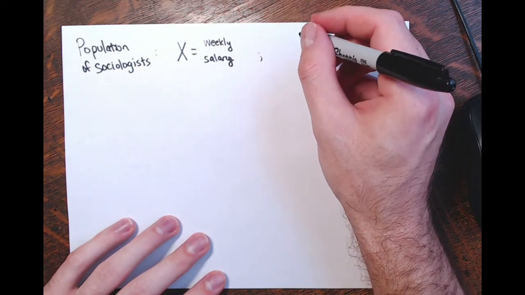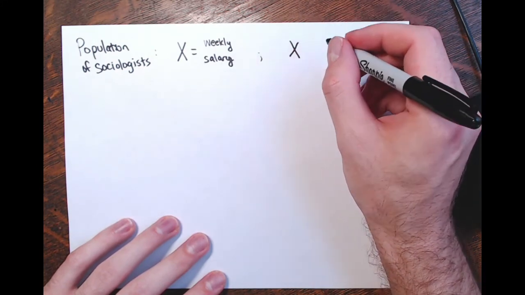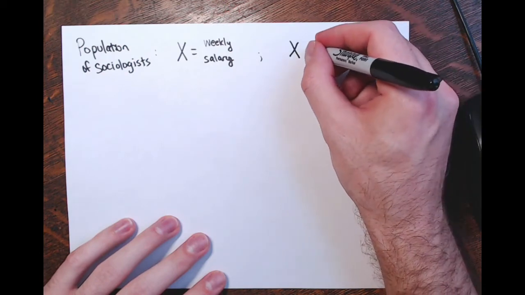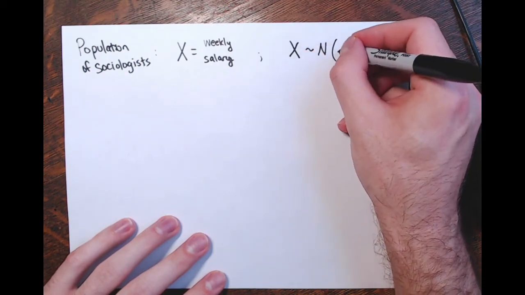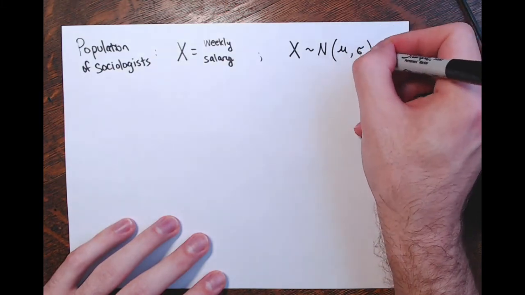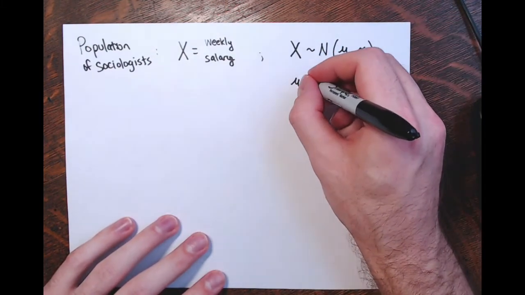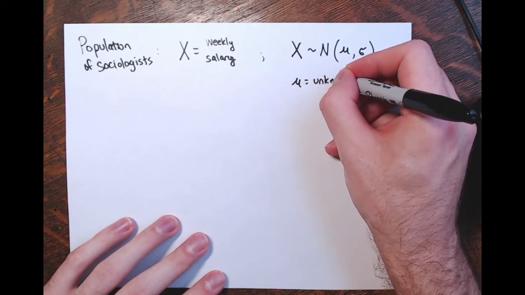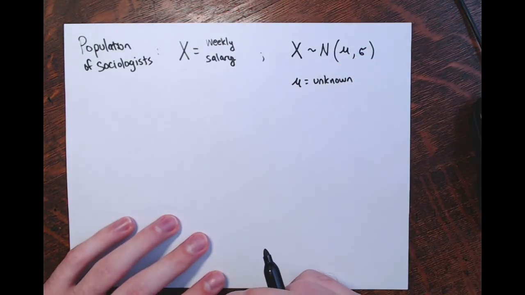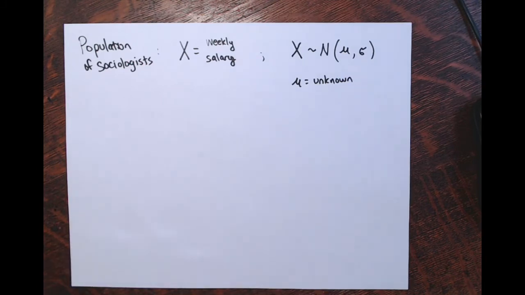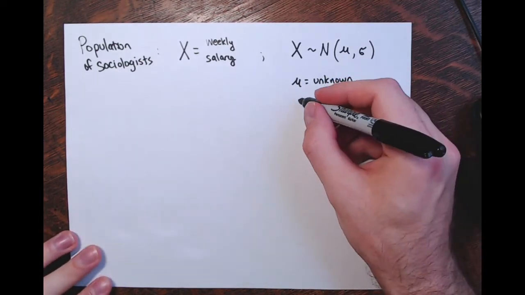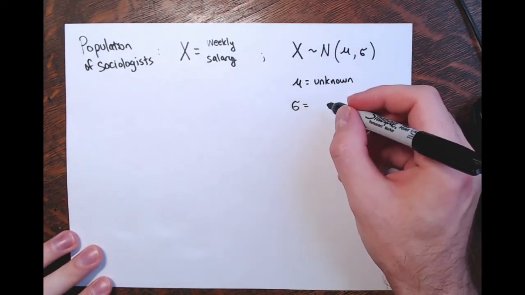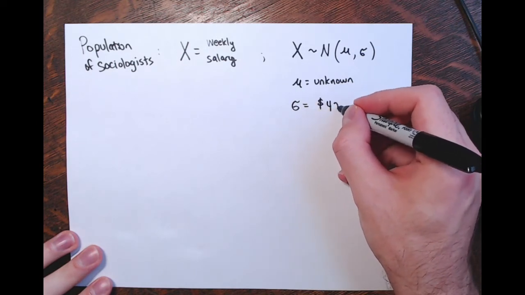Now it is told to us that the weekly salary of all sociologists is normally distributed with some mean mu and some standard deviation sigma. Mean mu is unknown, and we're going to try to guess what mu is with a confidence interval, and be 98% confident here. I'll be 98% confident that the true value of mu is somewhere between these two values. That's what a confidence interval is. And the standard deviation is known here, and it's $425.